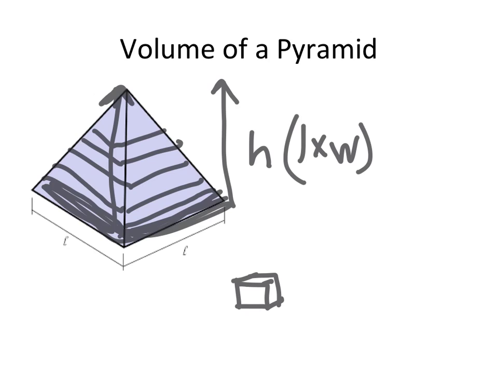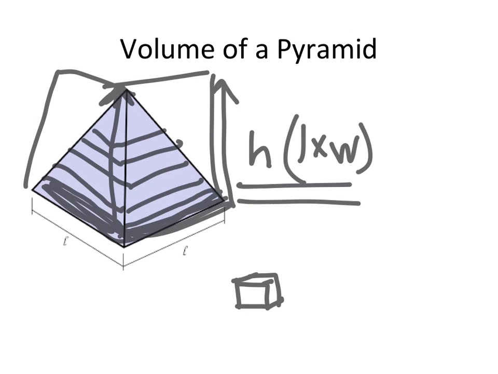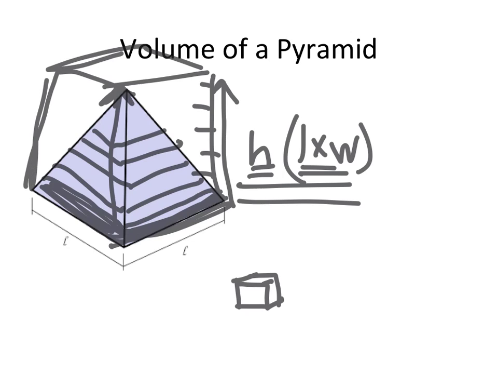We still want to take length times width times height as we did before. What that's going to give us is the volume of the rectangular prism that we could build around this pyramid. If we took length times width to get how many cubes are in the bottom, times height to figure out how many rows there are, that would give us the volume of this entire prism.